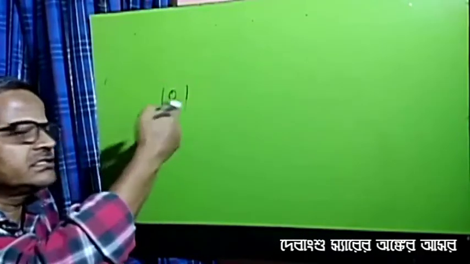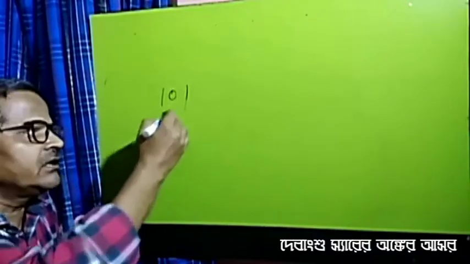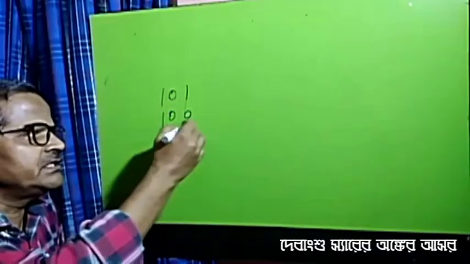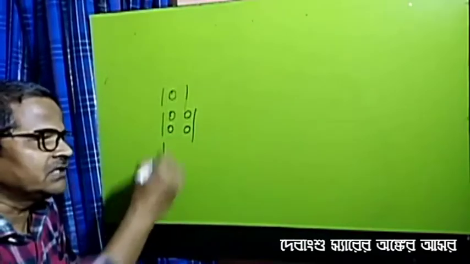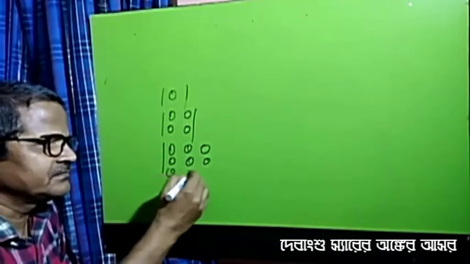Now the question arises whether there is any determinant which is both symmetric and skew symmetric. The example I already gave you is symmetric and skew symmetric by definition. For second order, it should be like this. For third order, it should be like this.